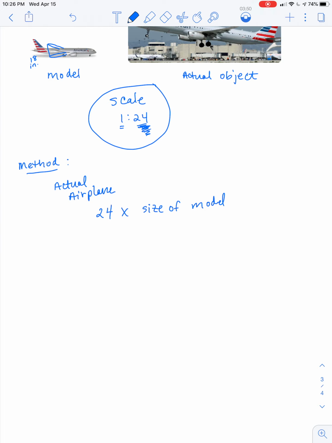Actually, let me turn that around for you. We're going to put our 18 first. I'm going to say our 18 inches is going to be increased 24 times the amount. In the end, we want this to be in feet, so I would have to divide that by 12 inches. We can cancel out our inches here. I also see that I can do some canceling between my 12 and my 24.